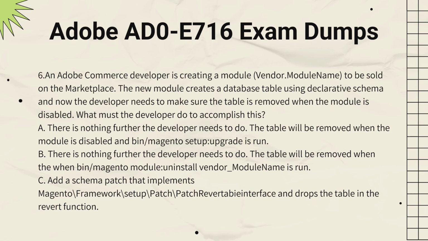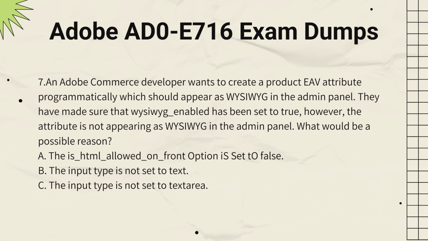7. An Adobe Commerce developer wants to create a product EAV attribute programmatically, which should appear as WYSIWYG in the admin panel. They have made sure that wysiwyg_enabled has been set to true. However, the attribute is not appearing as WYSIWYG in the admin panel.